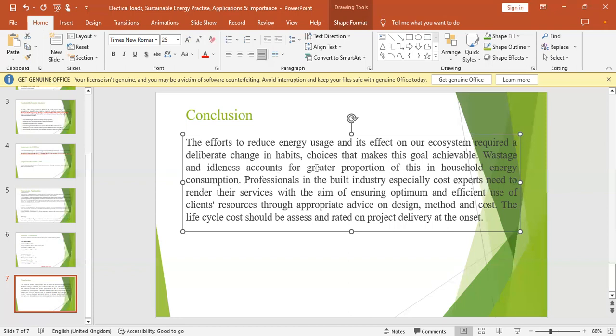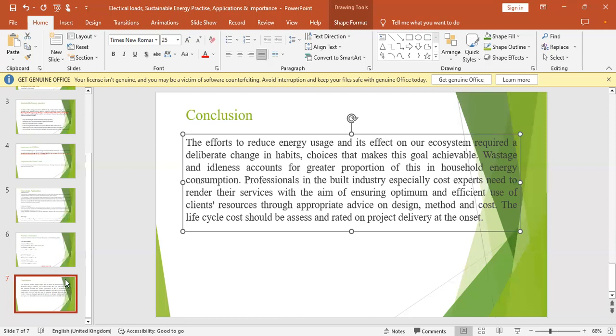Wastage and idleness account for a greater proportion of household energy consumption. Professionals in the building industry also, especially cost experts, need to render their services with the aim of ensuring optimum and efficient use of client resources through appropriate advice on design, method, and cost. The life cycle cost should be assessed and rated on project delivery at the onset.